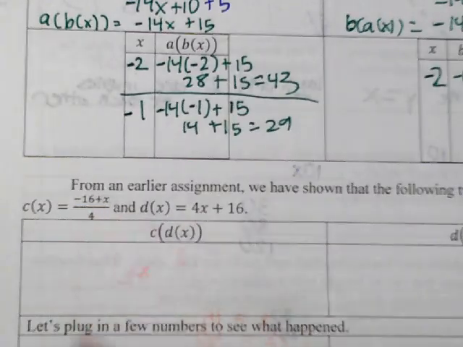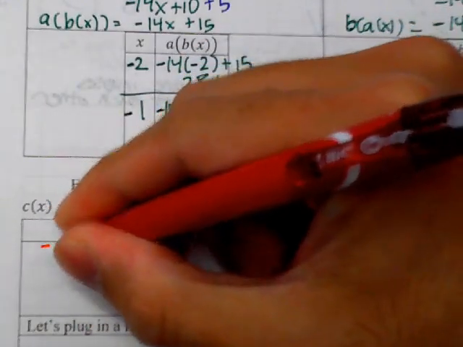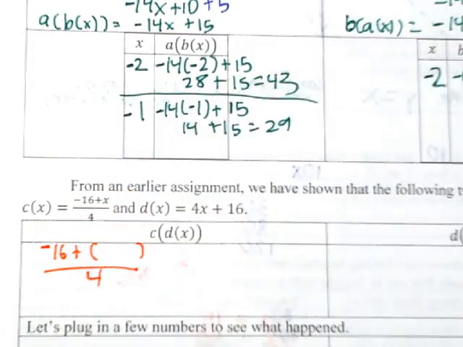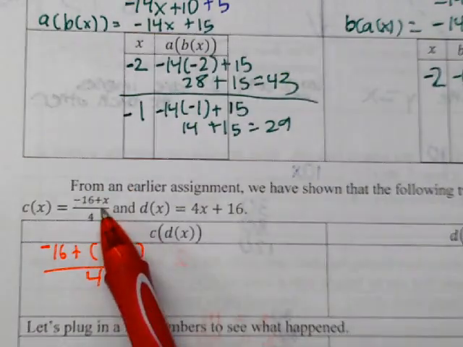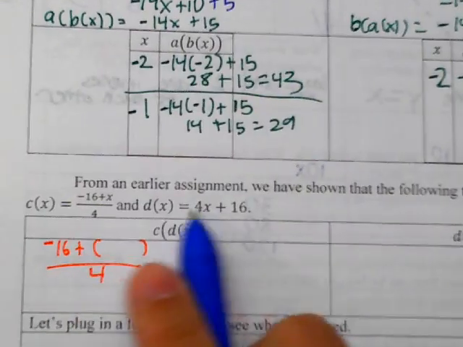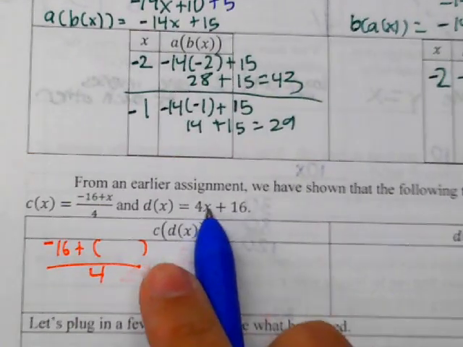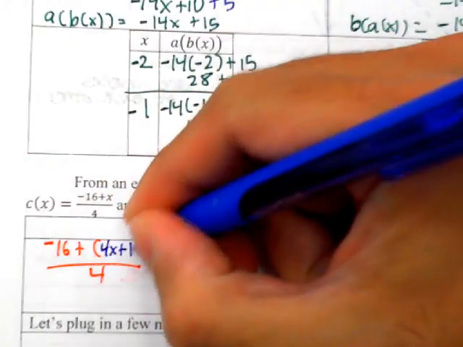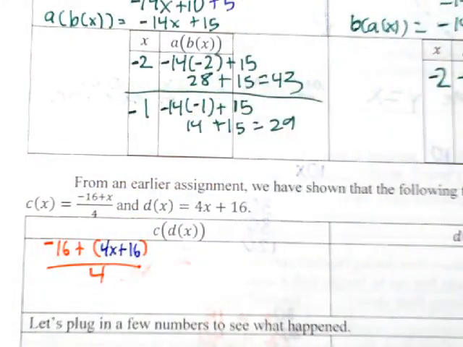So in that parentheses, I will input d of x, which is 4x plus 16. Okay, so now in this case, the parentheses don't actually have an effect. There's no coefficient. The negative 16 doesn't multiply because there's a plus sign between them. Again, no coefficient, no exponent. So the parentheses can actually just go away.